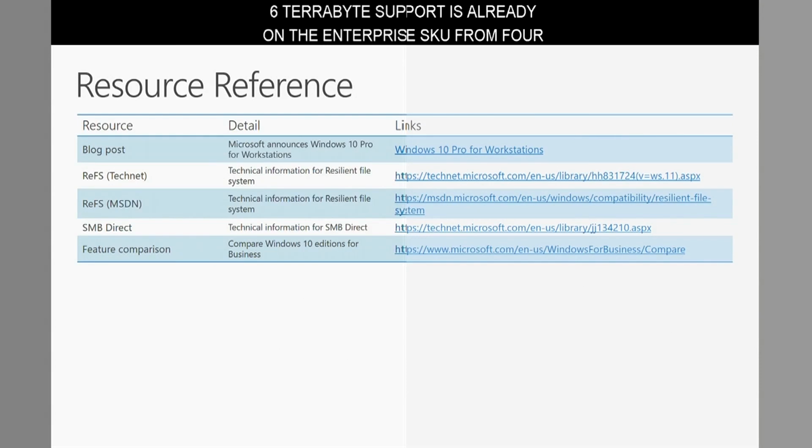That's a resource reference. After this session, you'll be able to have this slide and click the links. The first one is the blog post where we announced Windows 10 Pro for Workstations. The next ones are the TechNet document and the MSDN document. Usually TechNet is more for IT professionals, and MSDN is more for OEM professionals who create the device.